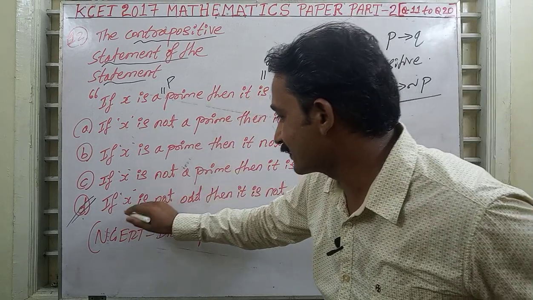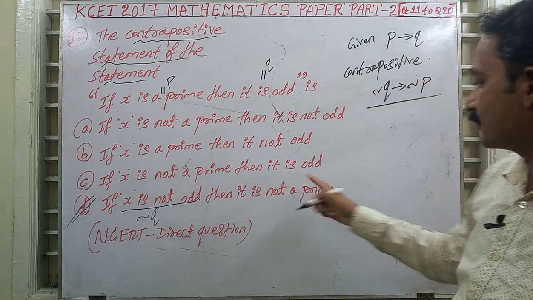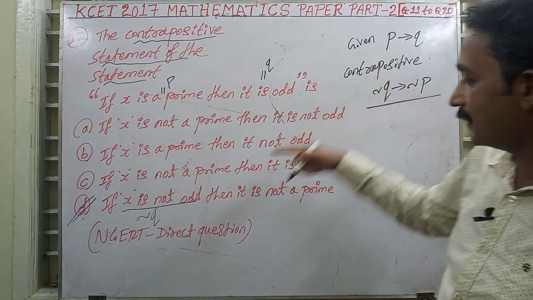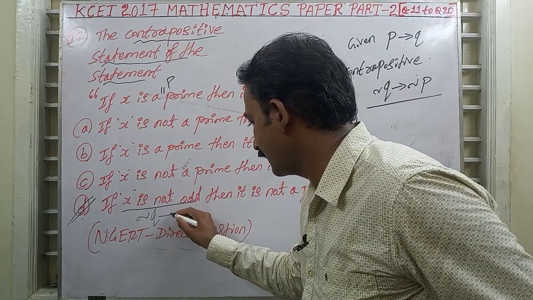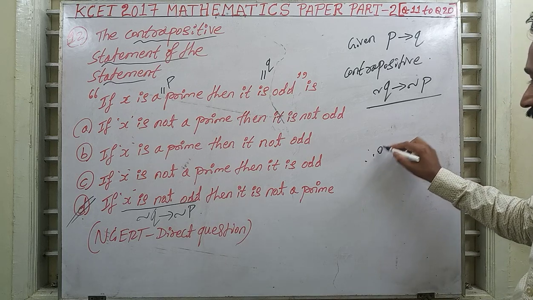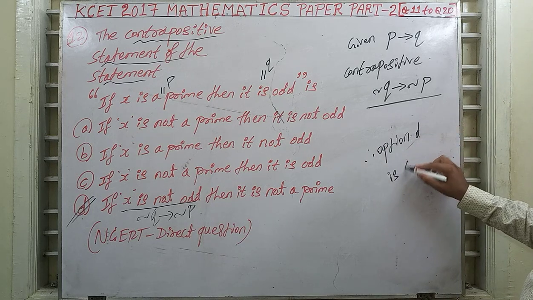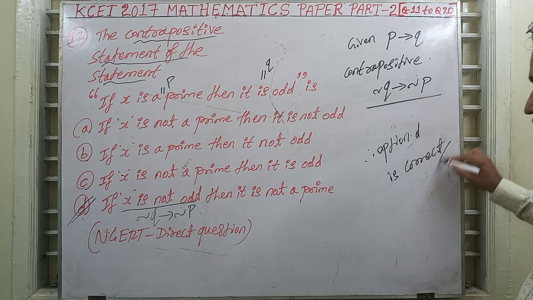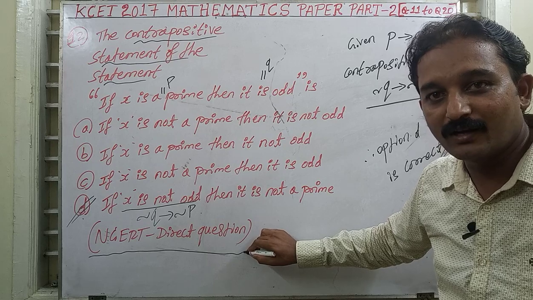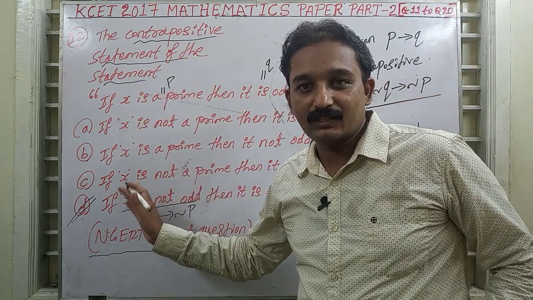So if x is not odd, this is negation Q, then it is not a prime. x is a prime is P, so negation P is it is not a prime. This is the good answer. Therefore option D is correct. This is an NCERT direct question. All the students attend this question easily because they have already solved this type of question in the NCERT textbook.